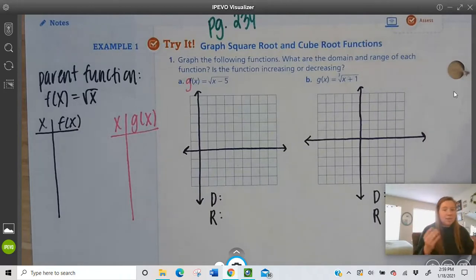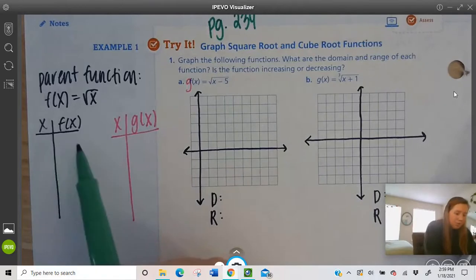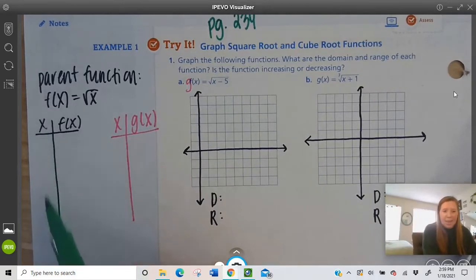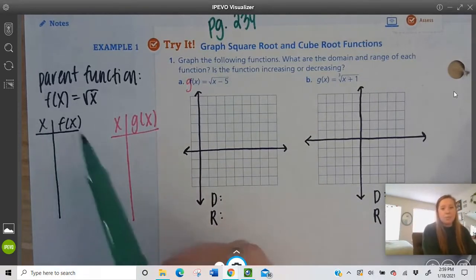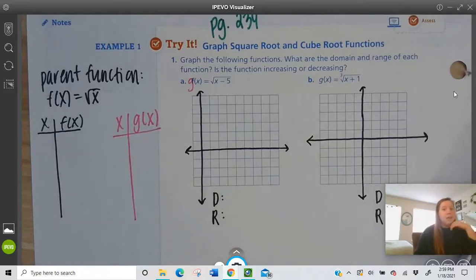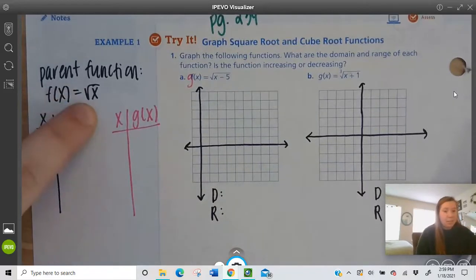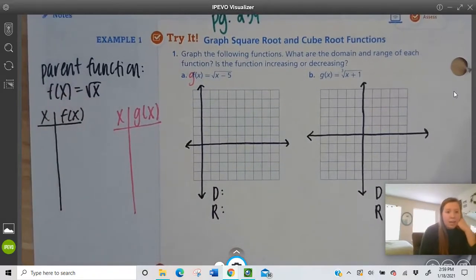And the best way to get a picture of a graph by hand is by making a t-table. In a t-table, we're allowed to pick any x value that we want, and then we just have to calculate the y value. Now, we want to be able to take the square root of that number, so we want to choose nice x values. Normally, I do -2, -1, 0, 1, and 2, so we get a close picture around the origin.